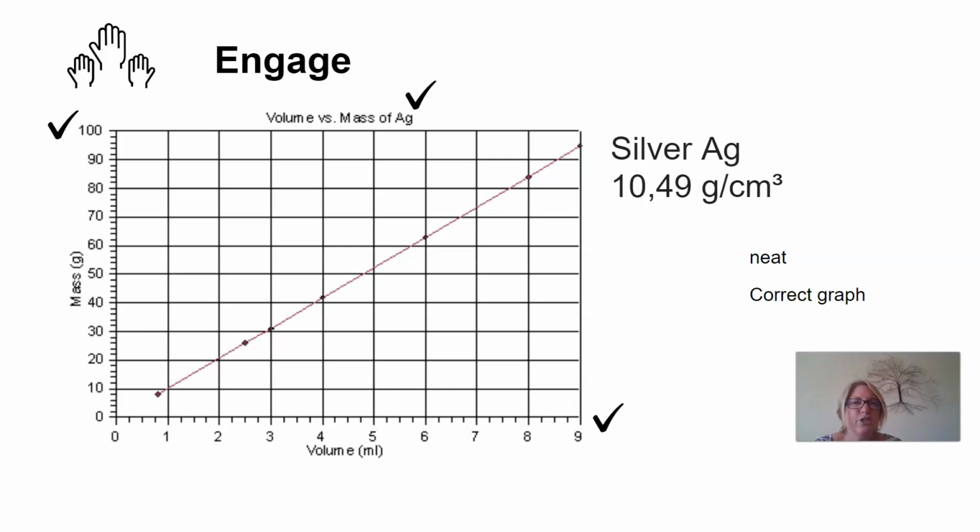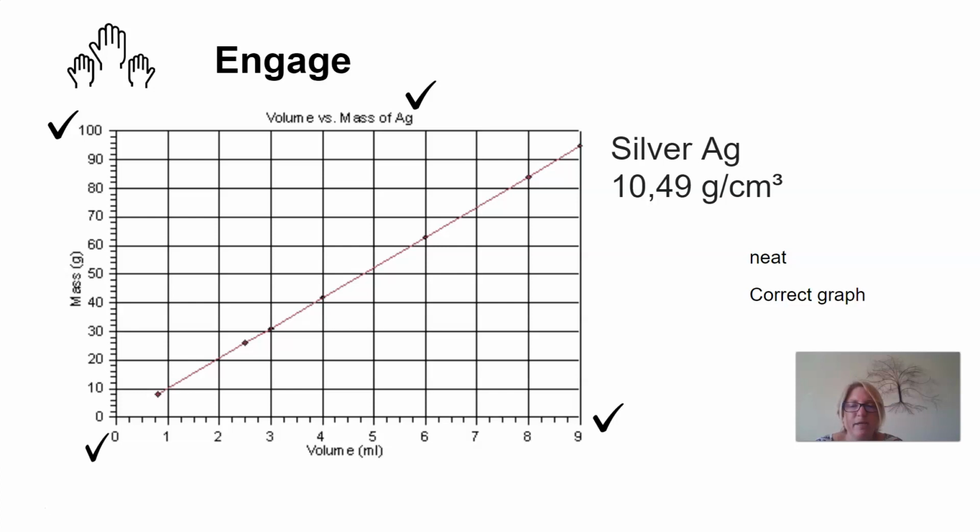You also need to check that you have a horizontal axis and that scale is correct. You'll notice that the vertical and horizontal axes don't have to have the same scale, but it needs to be numerically correct. It does differ per subject, but in science, it is good to start your graph at 0.